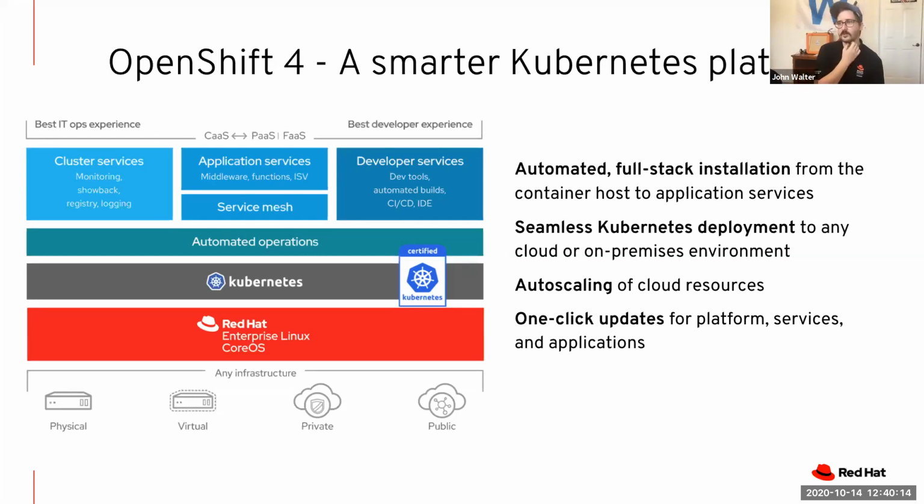And recently with OpenShift 4, we've also released a variant of Red Hat Enterprise Linux called Red Hat Enterprise Linux CoreOS. And essentially this is a container native or container ready version of our operating system that is now connected to OpenShift.